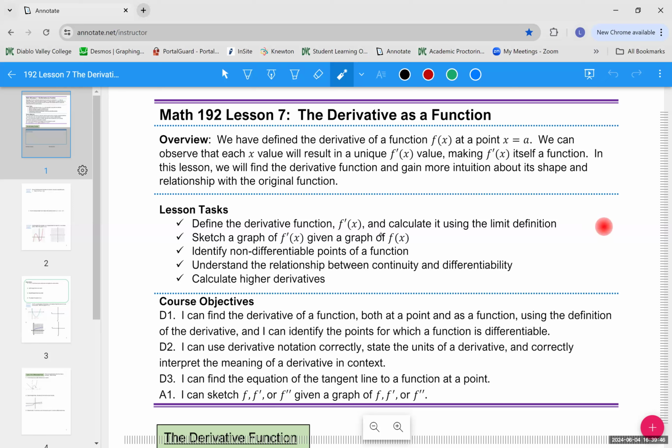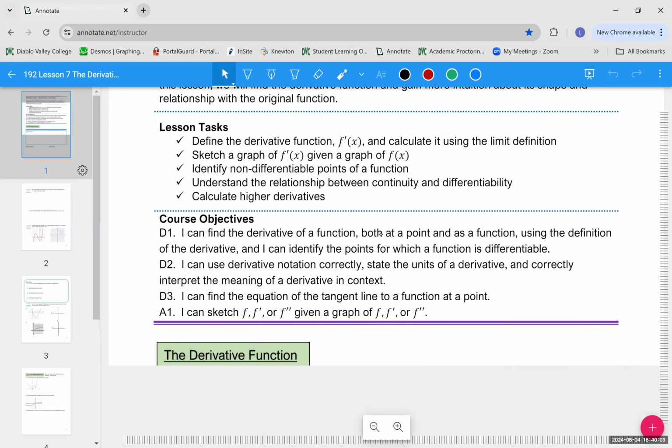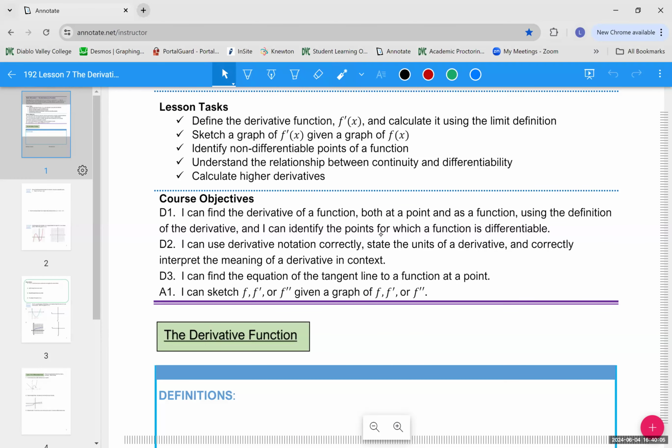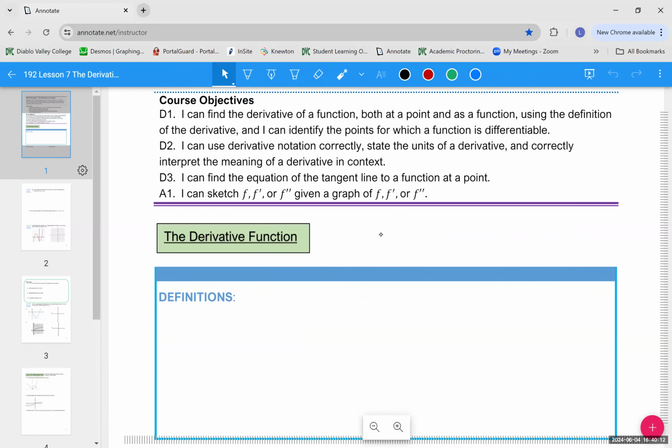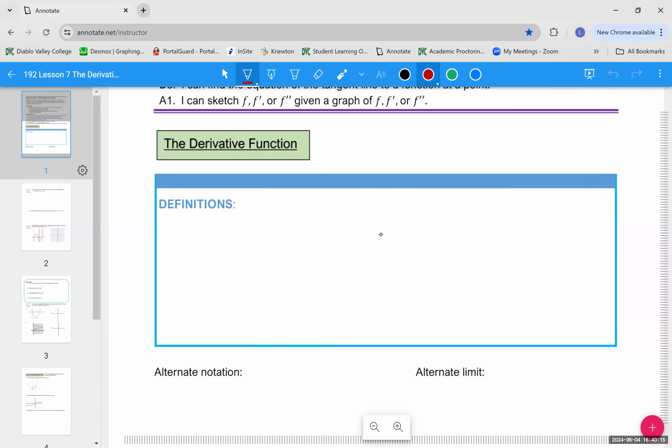So we're going to do things along those lines: calculate the limit definition of the derivative for just any value of x, not just a given value of x, sketch its graph, and then talk about places where a function would not be able to take a derivative, which would be non-differentiable points, and a few other things. So we're going to go ahead and start by just filling out that definition of the derivative as a function.